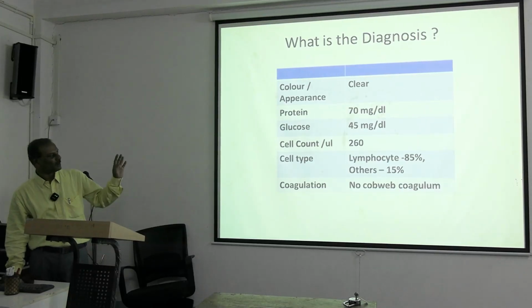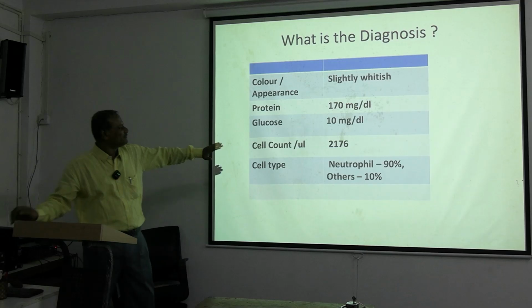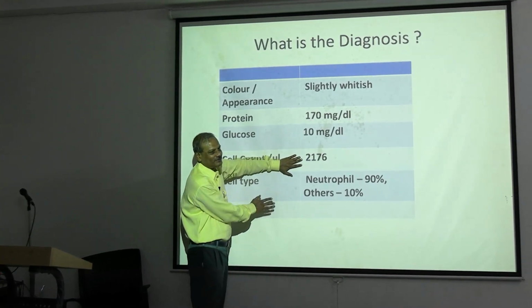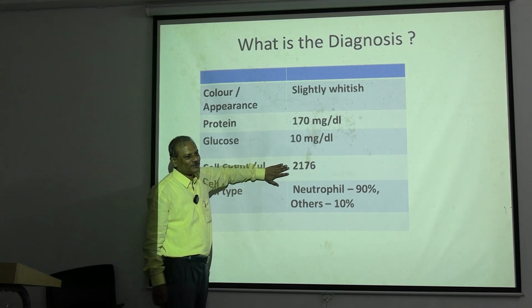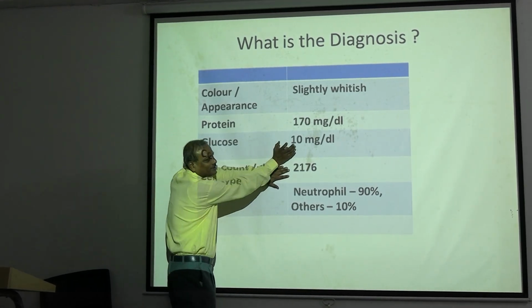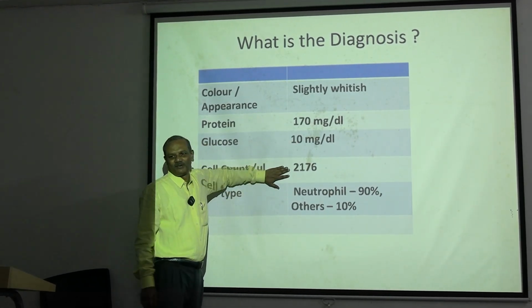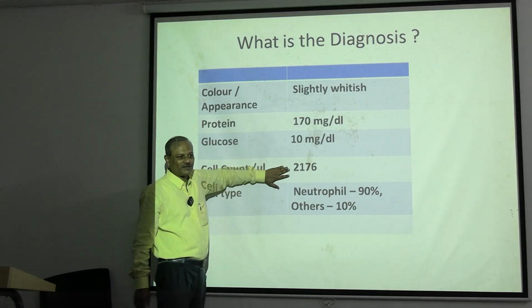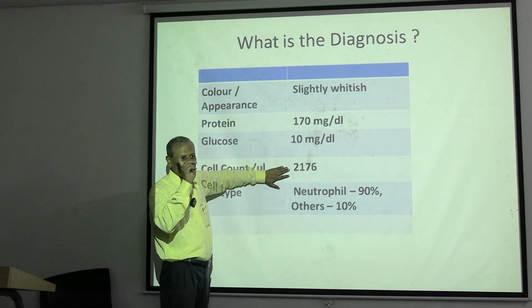If you look at this part, biochemistry part only, forget about this part. Look at this biochemistry part: glucose level is remarkably low, protein is much higher but not as high as that particular.